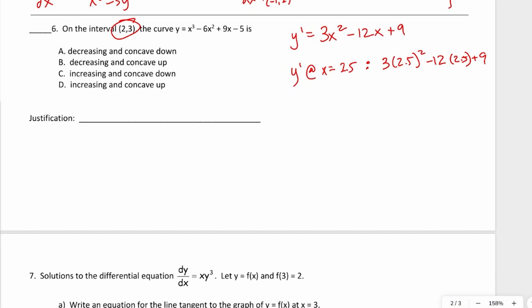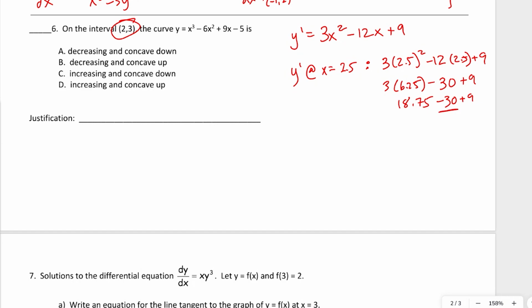So 25 times 25 is 625, so 2.5 squared would be 6.25. So we've got 3 times 6.25 minus 12 times 2.5, which would be 30, plus 9. The last thing to do is multiply 3 times 6.25. 3 times 6 is 18. 3 times 0.25 is 0.75, so it should be 18.75.